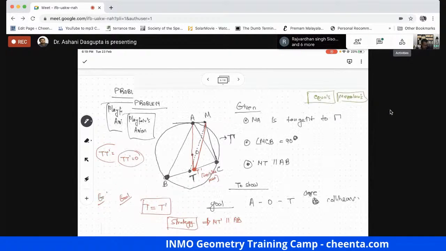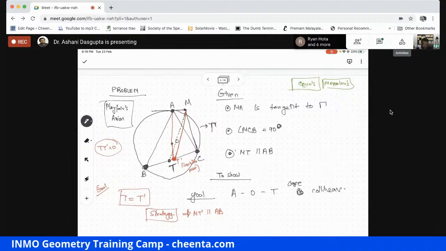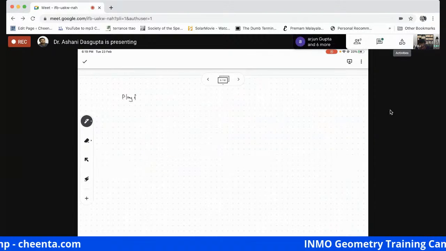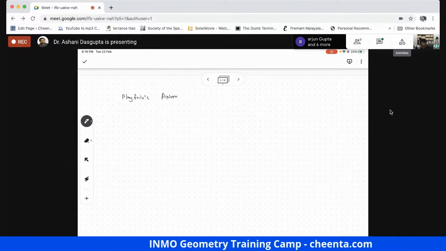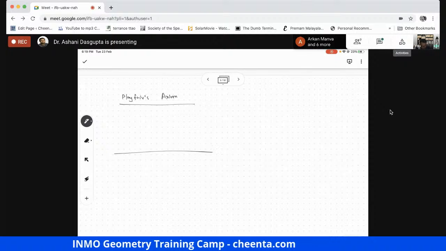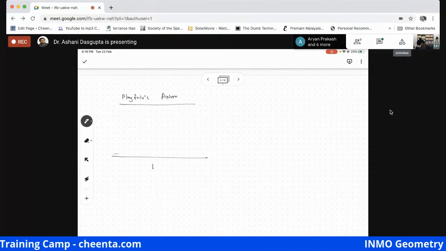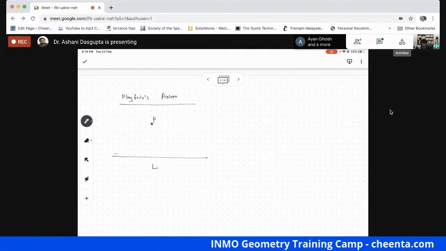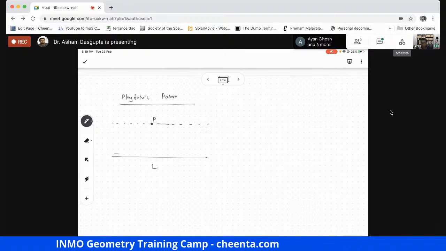It's very, very fundamental to Euclidean geometry. Playfair's axiom says, one of the 5 Euclidean axioms, is that if you have a line L, and if you have a point P outside that line, then it's possible to draw only one line parallel to L through P.